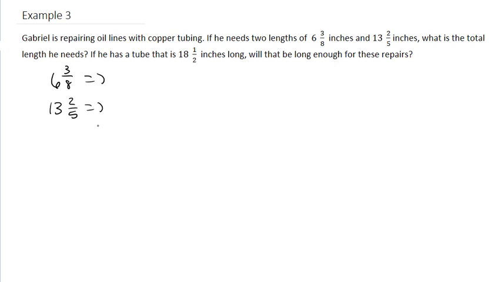And so we're going to add these two numbers together. So we have 6 times 8 from this. We got 48. And we're going to add the 3 to get us 51. And then we're going to put it over our original denominator, which is 8.